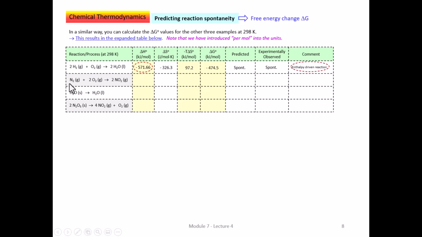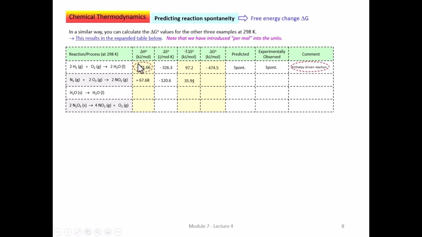Well, how about the reaction of nitrogen and oxygen to form NO2? The deltaH there is positive. It's an endothermic reaction. DeltaS is negative. You're producing order. Both of these are working against you with regards to spontaneity. Since deltaS is negative, the minus T deltaS term is positive.